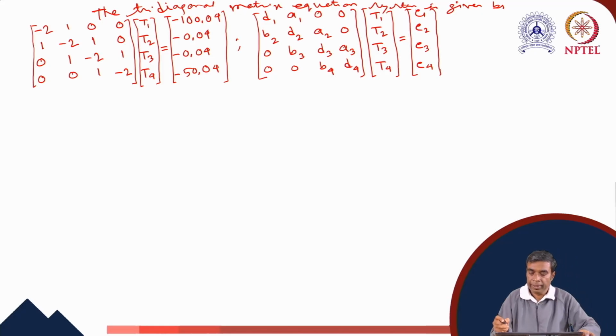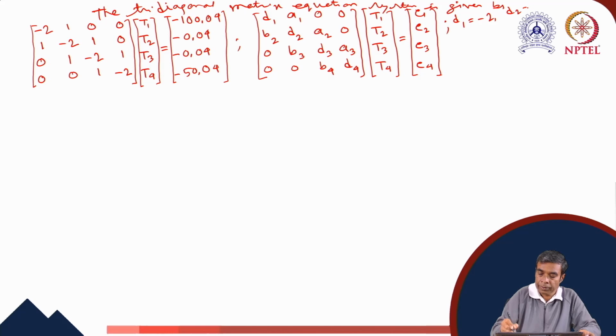So the data that we have, we can write D1 equals -2, D2 equals -2, D3 equals -2, D4 equals -2. Then we have A1 equals A2 equals A3 equals 1.